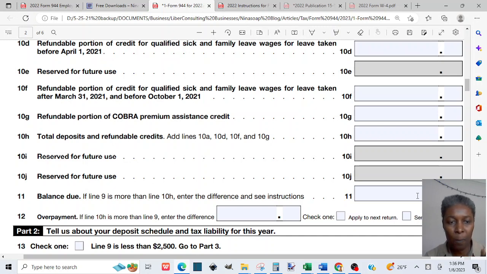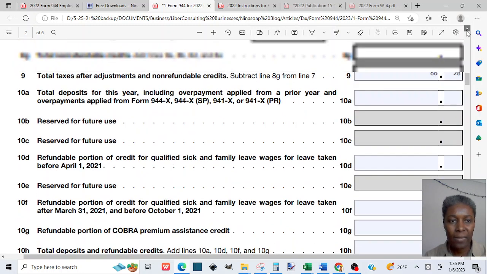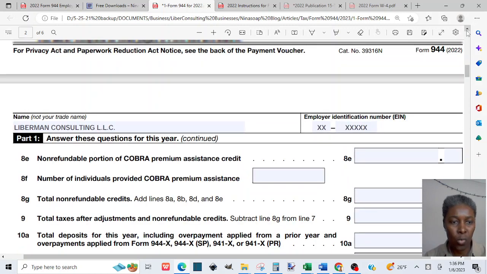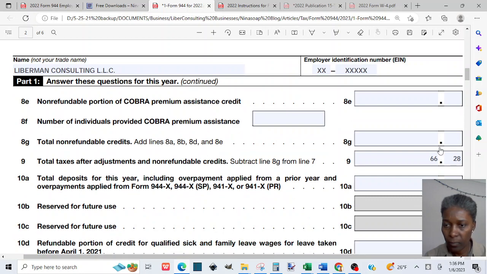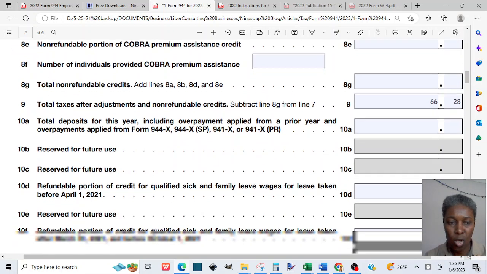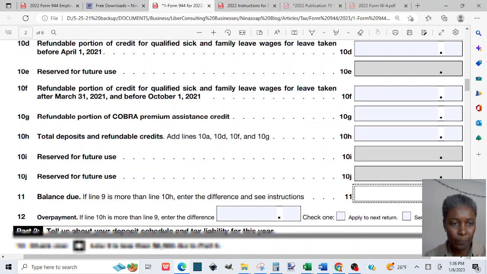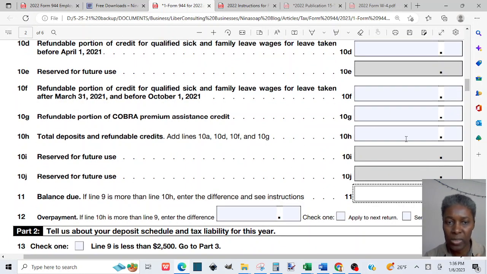Line 11, balance due. So if your line 9, total tax after adjustment and non-refundable credits, is more than your line 10H, total deposit and refundable credits, well, you owe money.